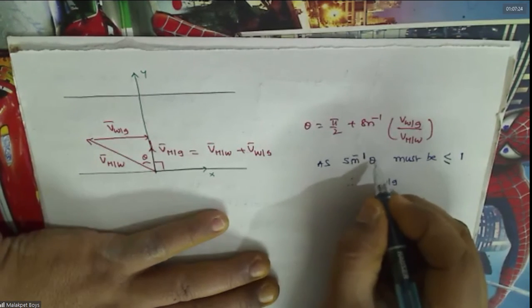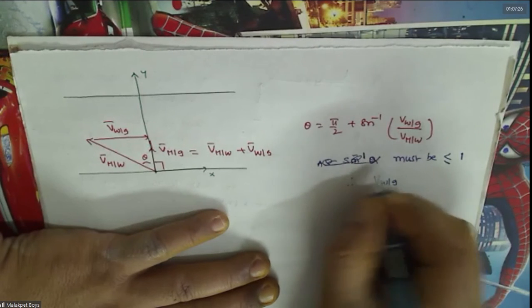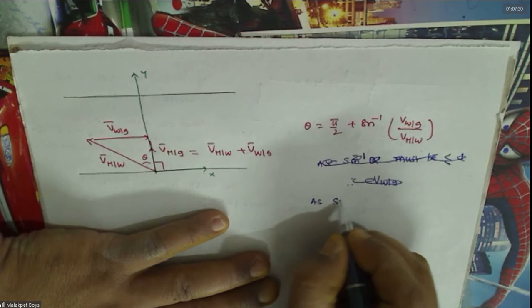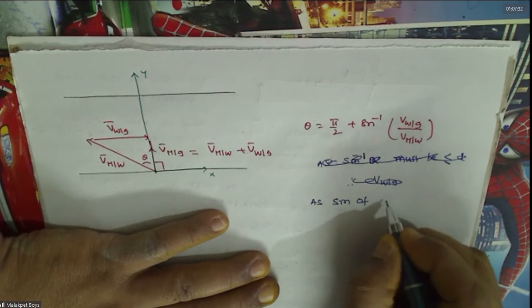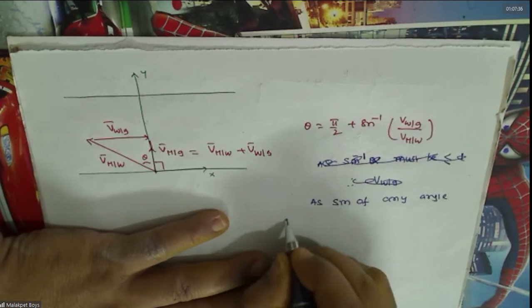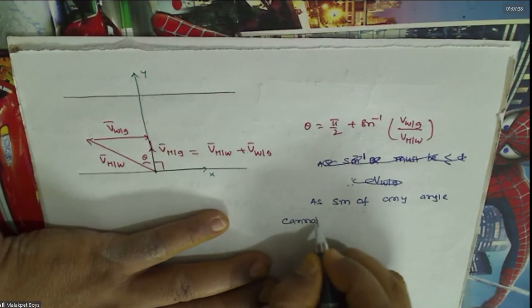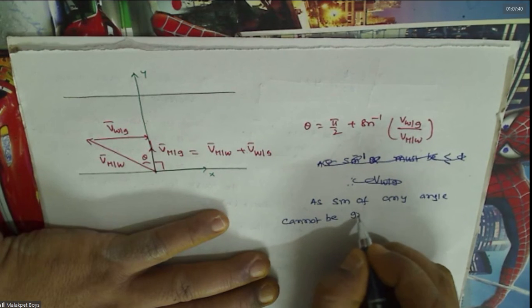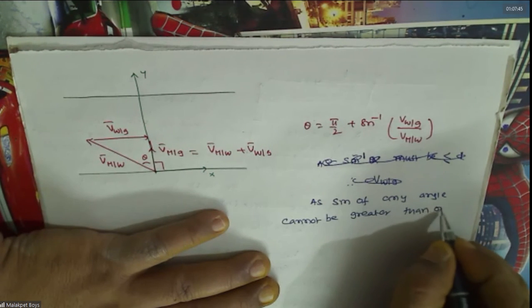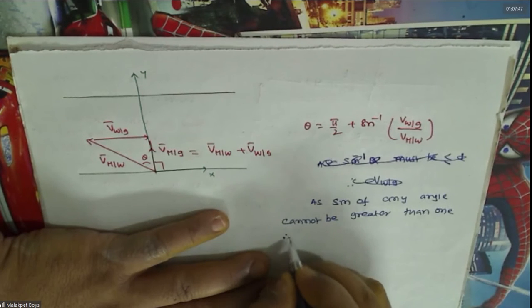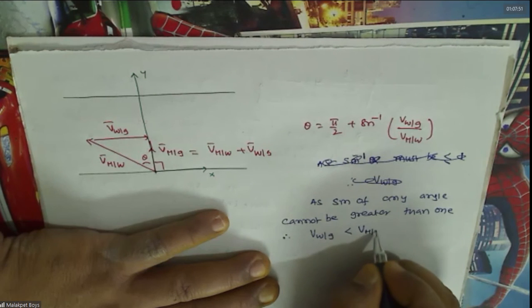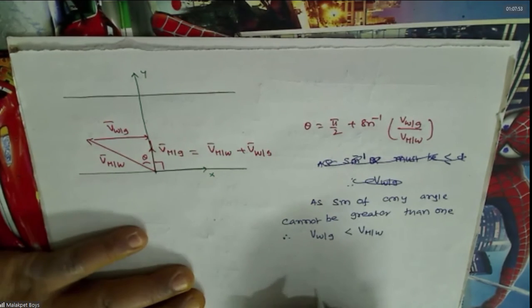Sine of any angle cannot be greater than 1. Therefore, what you should have must be less than this. Agreed?